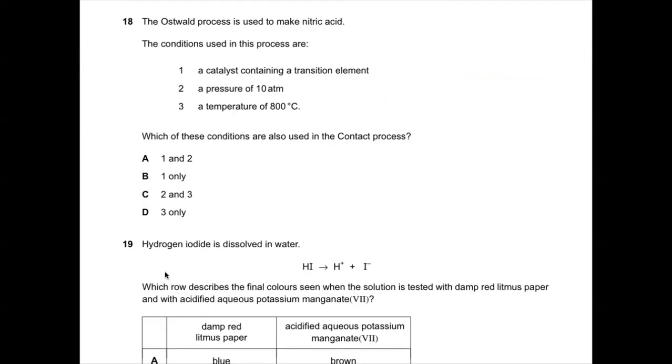Now, MCQ number 18. The Ostwald process is used to make nitric acid. The conditions used in this process are: number 1, a catalyst containing a transition element; number 2, a pressure of 10 atm; and number 3, a temperature of 800 degrees Celsius. Which of these conditions are also used in the contact process? Okay. So in the contact process, we use a catalyst containing a transition metal.